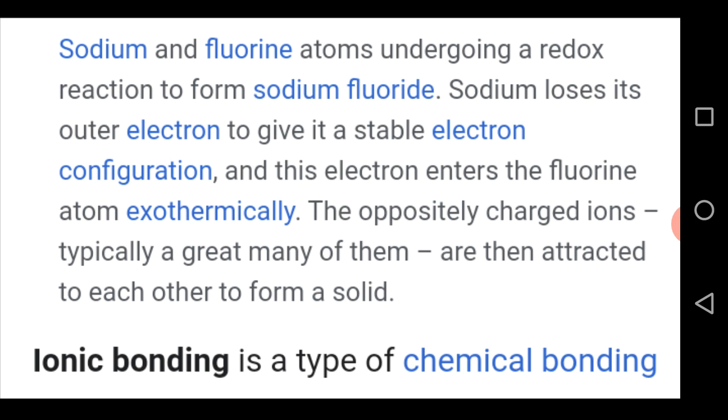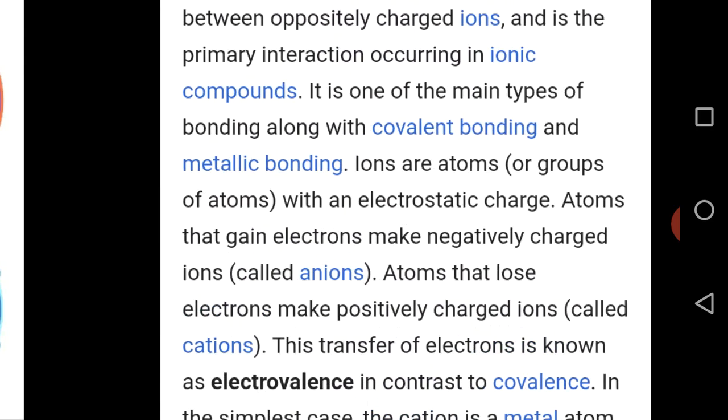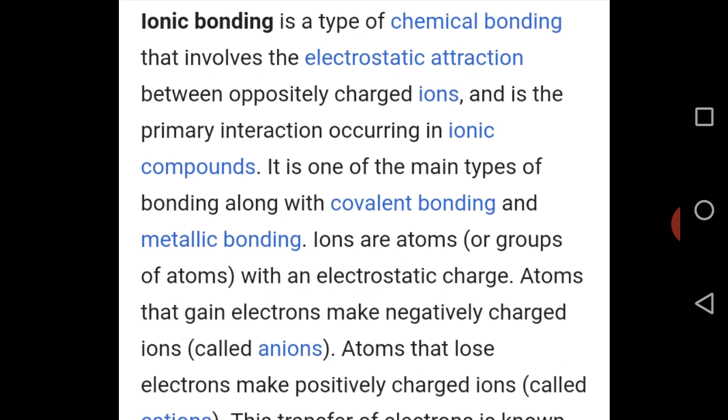Ionic bonding is a type of chemical bonding that involves electrostatic attraction. What is electrostatic attraction? Sodium ion is positively charged and fluoride is negatively charged.